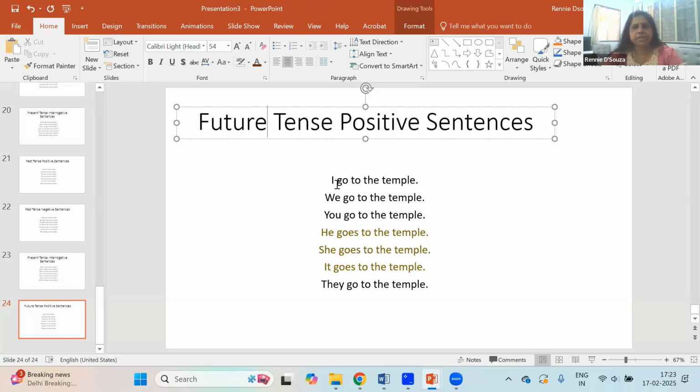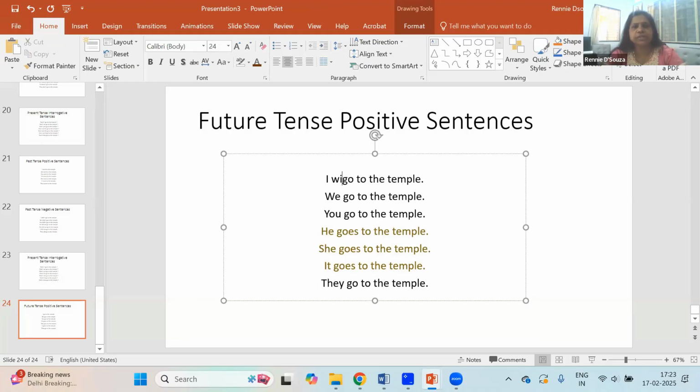And coming to future tense positive sentence. Future tense will always be understood with the word will. Right? Will or shall denotes the future tense.